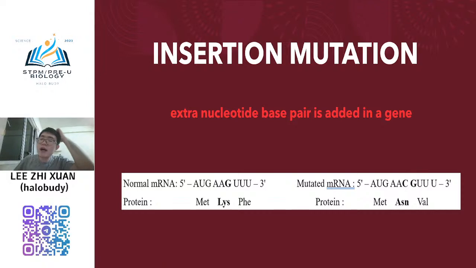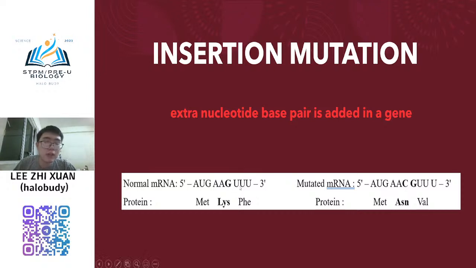So this one actually is very serious. If this kind of mutation occurs, it will directly have many effects afterward. So this one we also can say is a frameshift mutation, because it gives a huge effect.